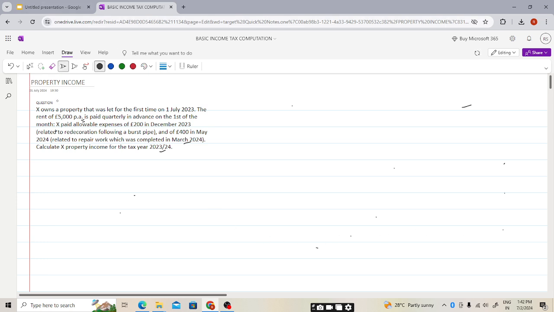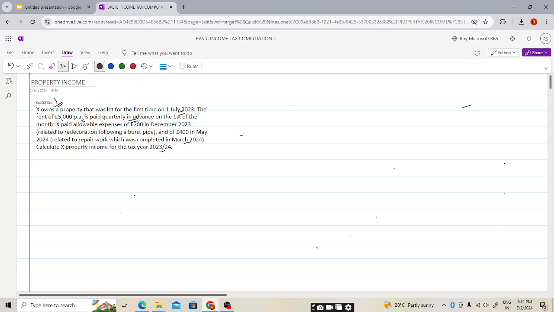Starting with question number 1. X is an individual who owns a property that was let for the first time on 1st July 2023. The rent of £5,000 is paid quarterly in advance. Every quarter he is paying the rent in advance.